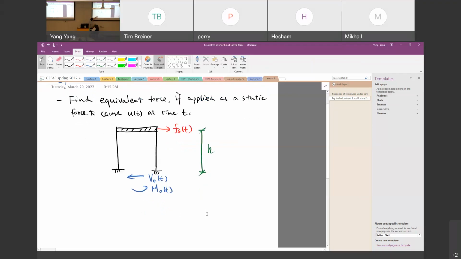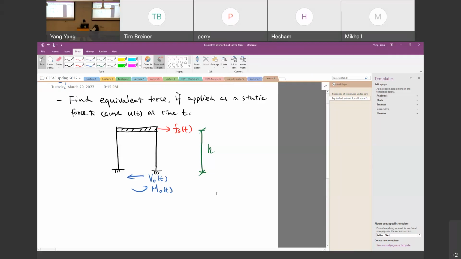Under the equivalent lateral force, the reaction forces in the foundation, the moment as well as the shear force, can be calculated based on structural analysis.